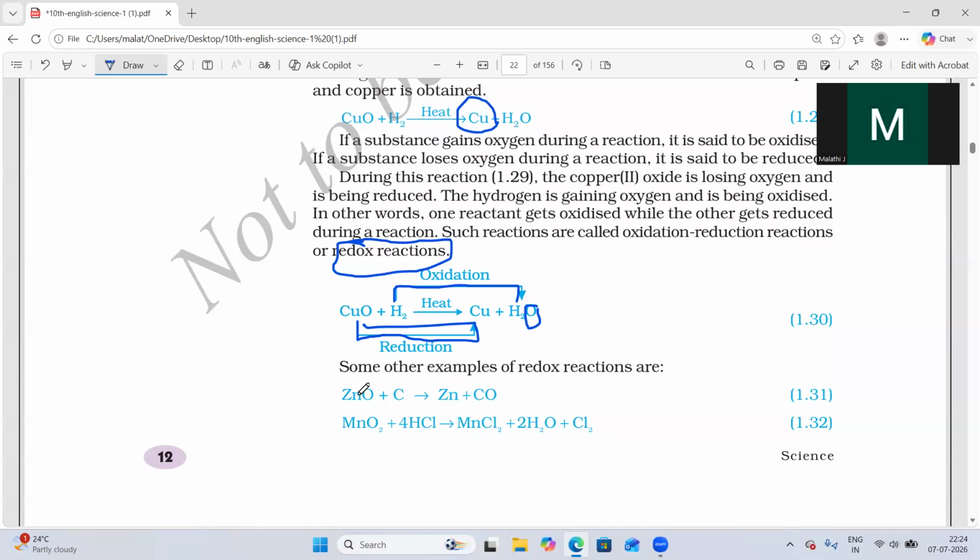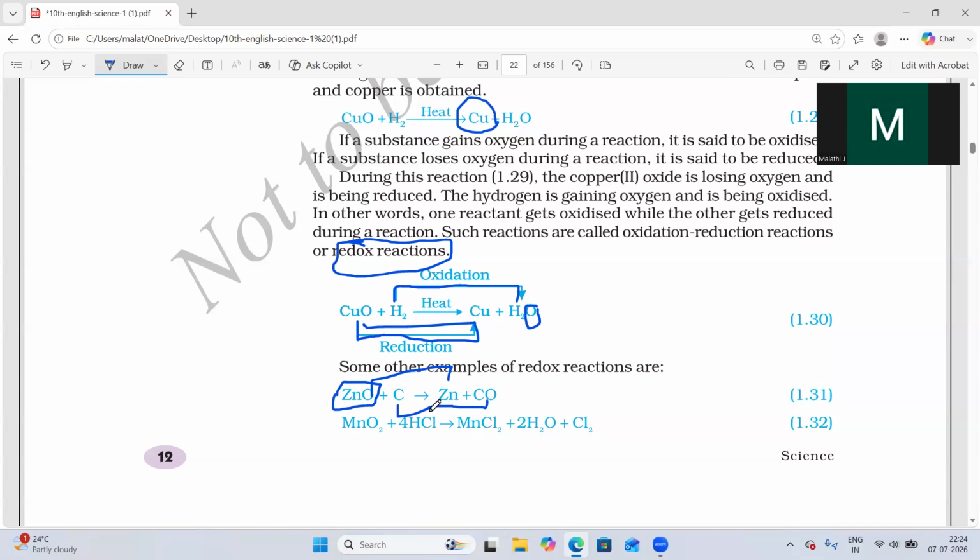If you take some more examples, ZnO plus C. Here what is happening? From ZnO there is a loss of oxygen. If you come to the product, there is a loss of oxygen. The carbon becomes carbon monoxide, a gain of oxygen.